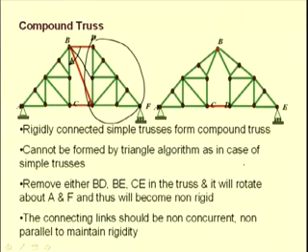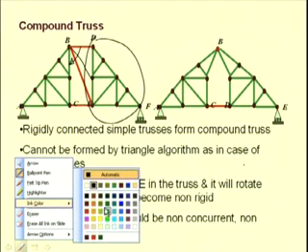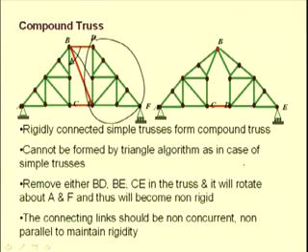Or if we had, instead of these three connections, a link connecting these two members, then also this portion of the truss can rotate, because all these three links BD, this link as well as CE are parallel and of equal lengths, and this complete truss can rotate with respect to this simple truss ABC.